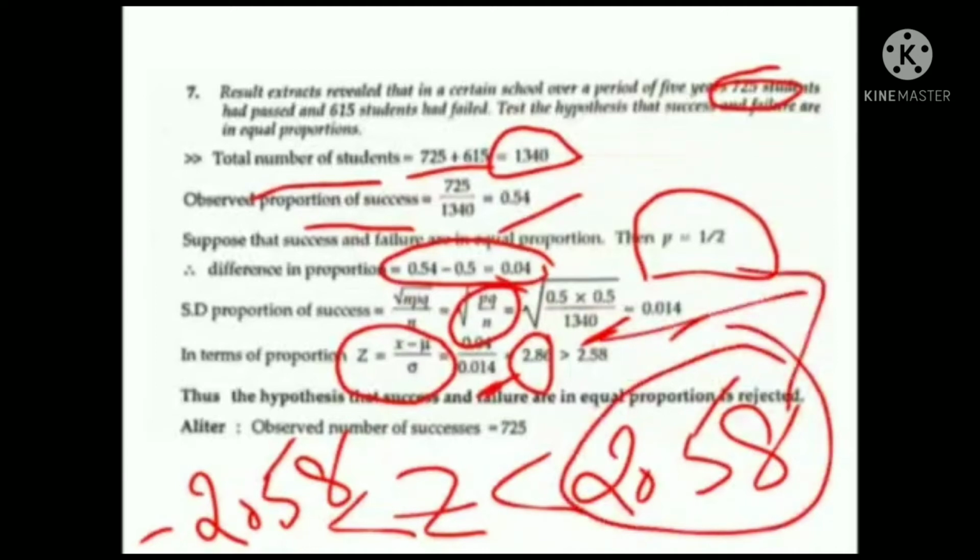Hence the suggested hypothesis that the failures and successes are in equal proportions is rejected. Got it? So if it is within the range, we will accept it. But in this case, it is outside the range. Hence, we are supposed to reject the hypothesis.